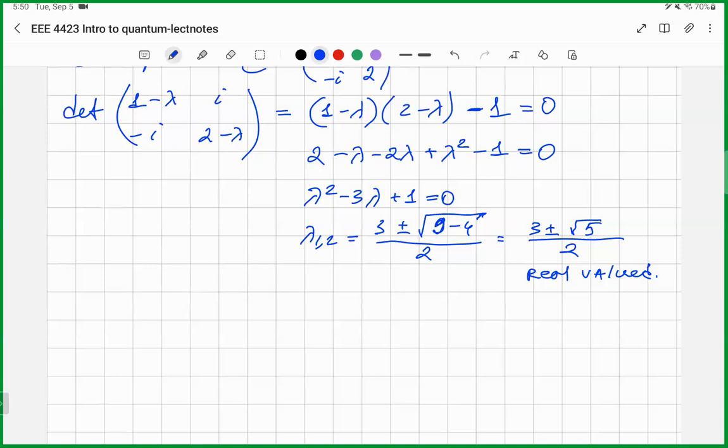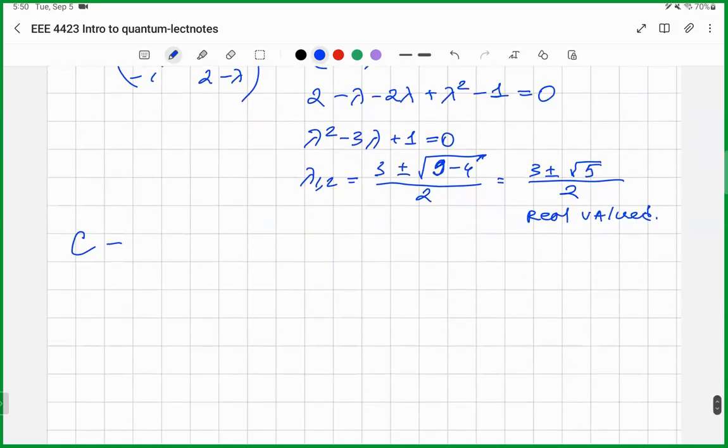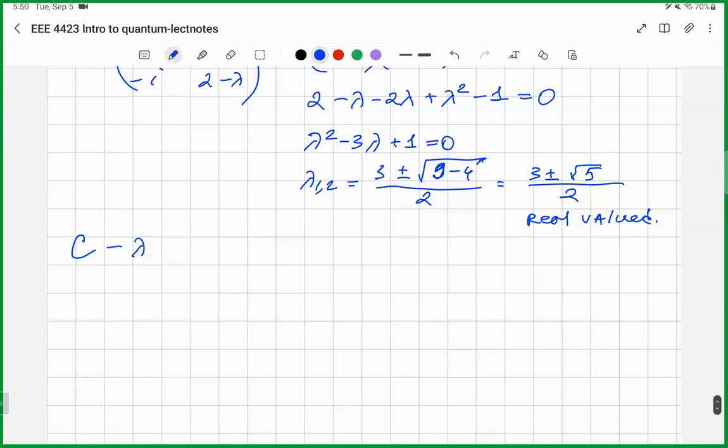Now we can go ahead and write the equation for the eigenvectors, which are our matrix C minus lambda 1, 2, identity matrix, and then multiply by the first or the second eigenvector.